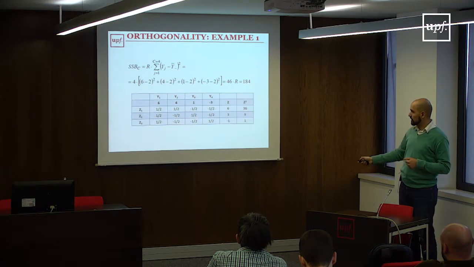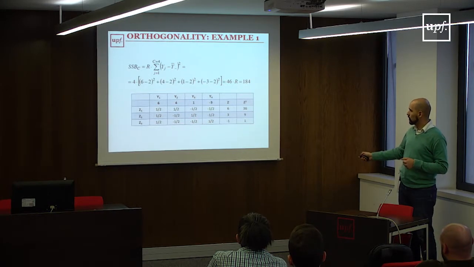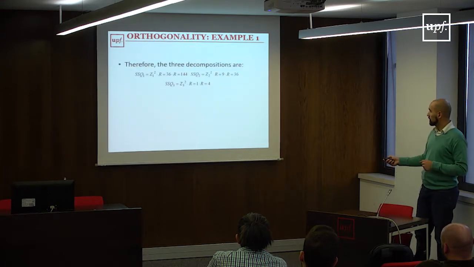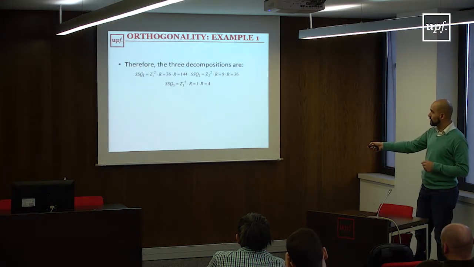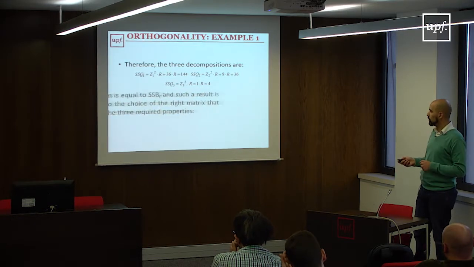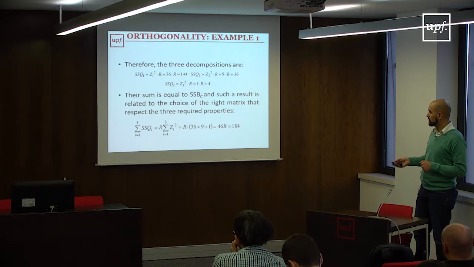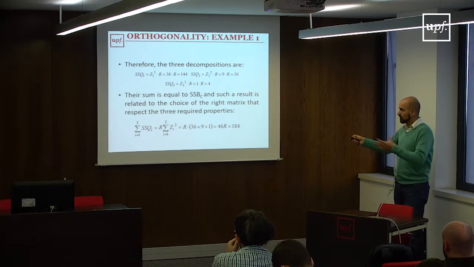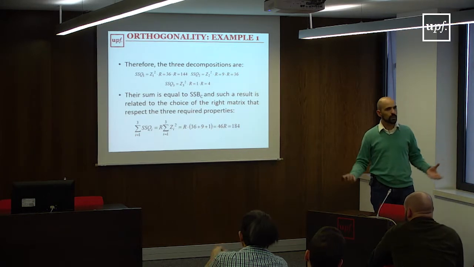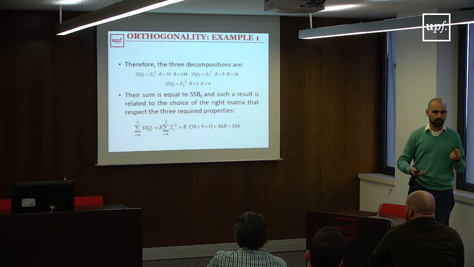This is the matrix that we just used. These are the new components. Using these new components, multiplied by the repetitions that we have, we can compute the new sums of squares. The sum of the 3 will be equal to the sum of square of the total analysis with one factor.